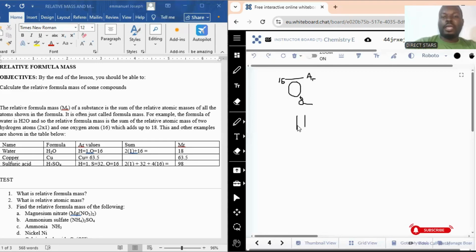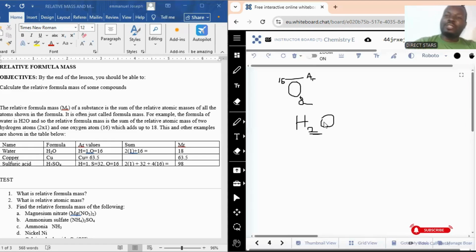So for example, the formula of water is H2O. H2O indicates that we have two atoms of hydrogen and just one atom of oxygen.